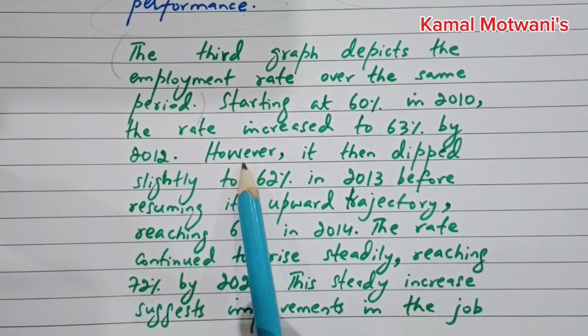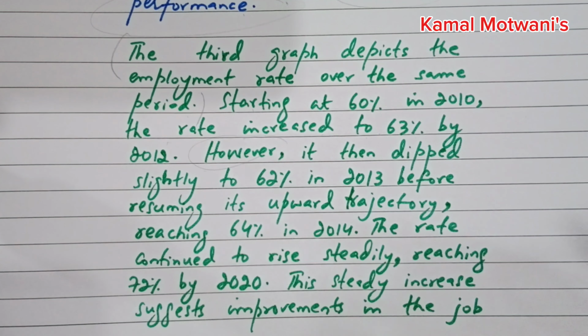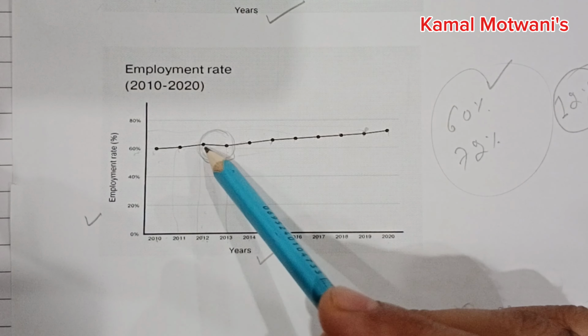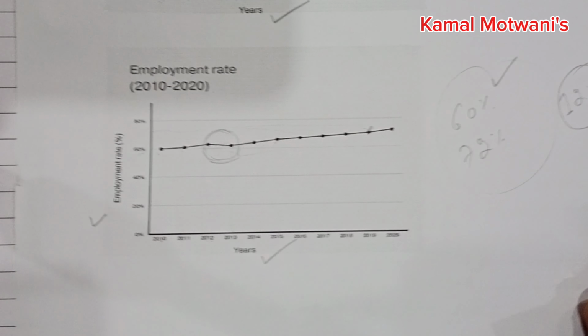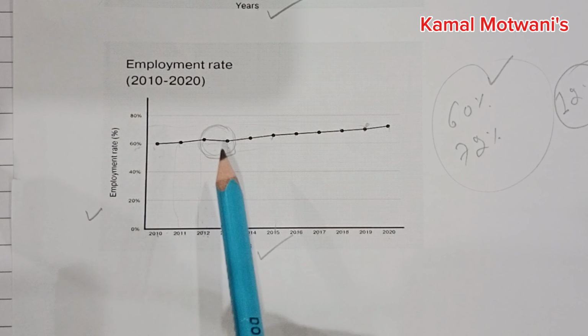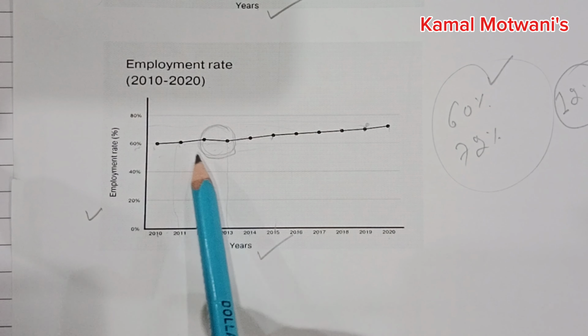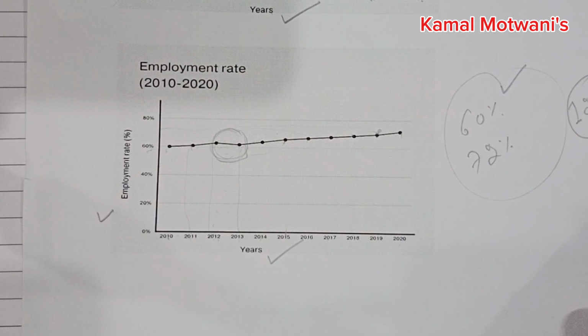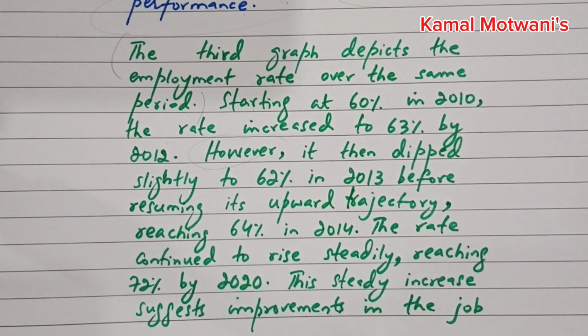Okay, however, means something is coming in contradiction. It then dipped slightly to 62% in 2013. You see, in 2013 it slightly dipped down to 62%. From 63 it dipped to 62%, as I earlier discussed when I was discussing this graph. Okay.